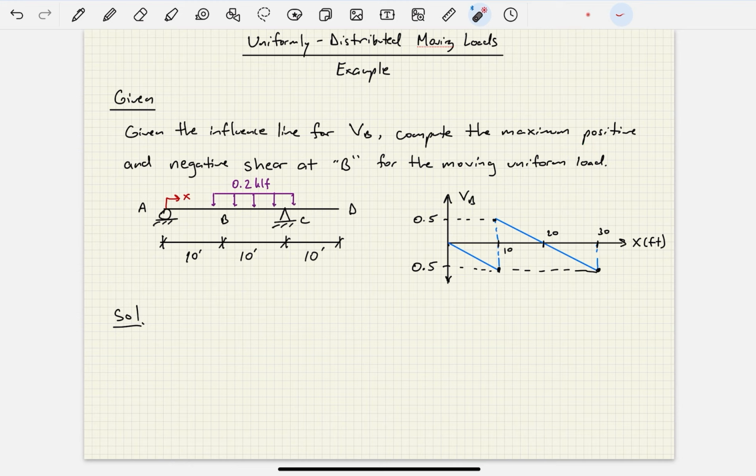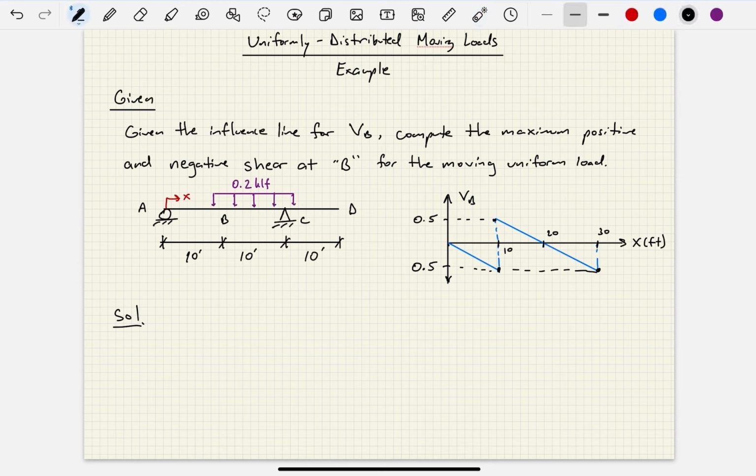If you multiply 0.2 KLF by all three of these areas together, two of these areas are negative and one is positive, and so you're going to start negating some of these effects, which is not correct. When you want to maximize a positive value or maximize a negative value, you only have to look at those positive or negative zones.